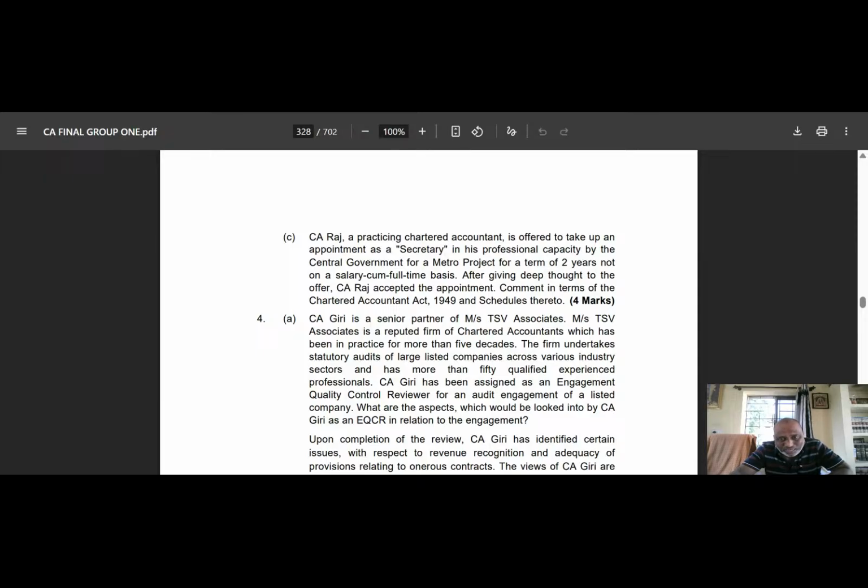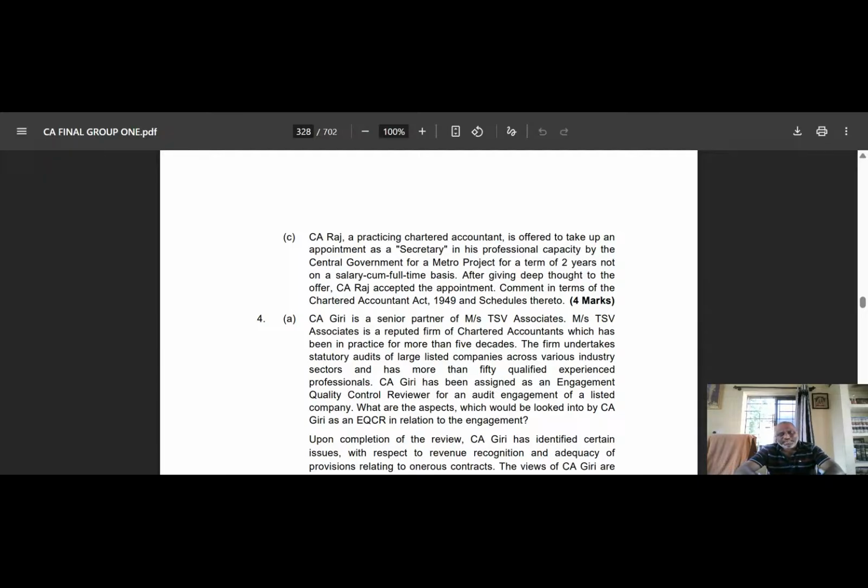However, the council of the institute is empowered to permit a chartered accountant to engage in any other business or occupation considered fit and proper. Accordingly, the council formulated Regulation 191 of the Chartered Accountants Regulations 1998, specifying the activities with which a member in practice can associate himself with or without the permission of the council.